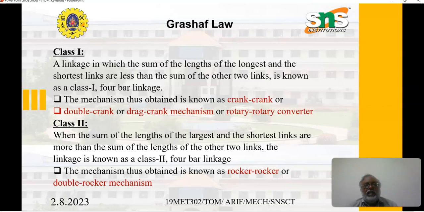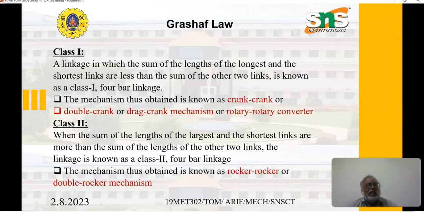In a 4-bar linkage there are 4 links, in which 2 links are almost similar and the other 2 links are short and long. That's why class 1 deals with the linkage in which the sum of the lengths of the longest and the shortest links is less than the sum of the other 2 links.